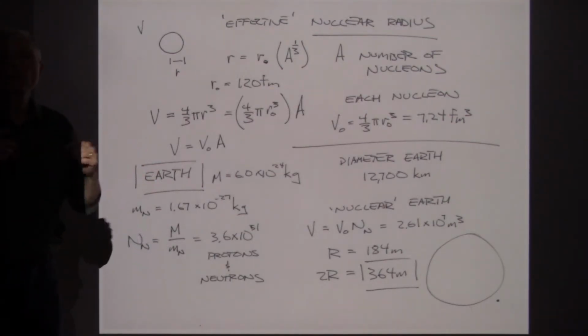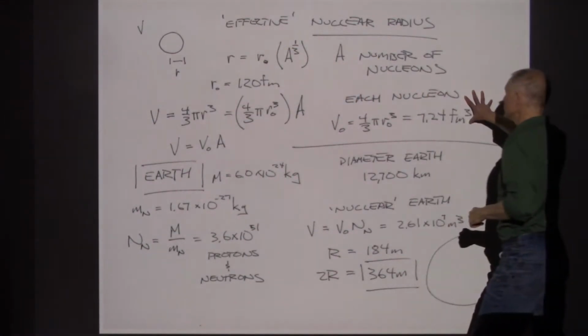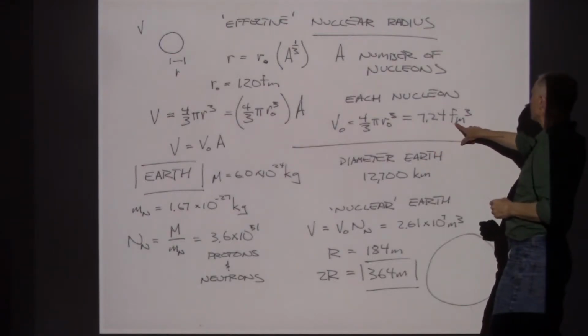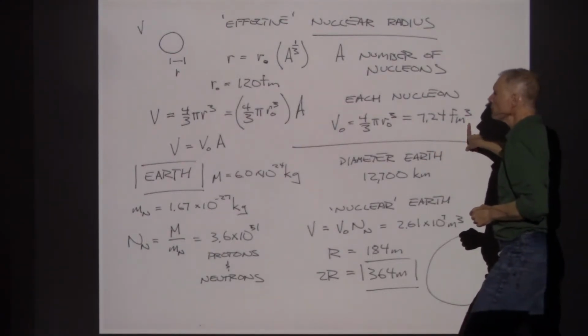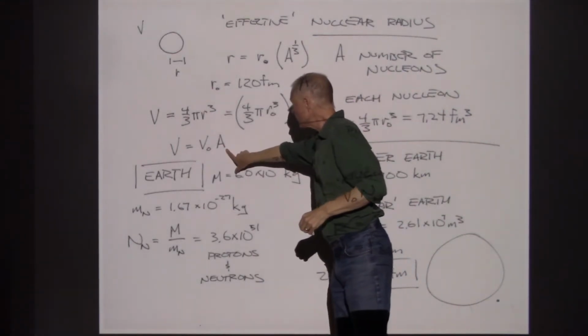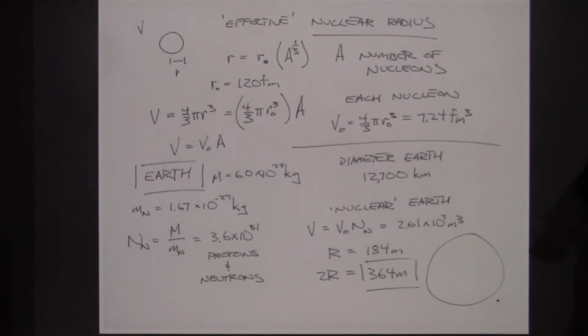Each proton or neutron contributes to the volume of a nucleus roughly 7.24 cubic femtometers. And then we can take that number and just multiply by the number of protons and neutrons and say that combined, the entire nucleus will roughly take up that much volume.